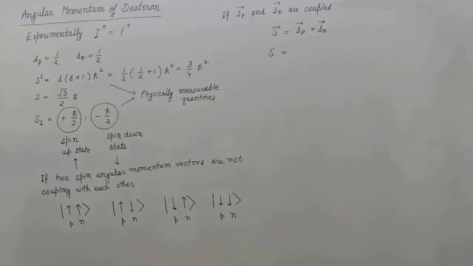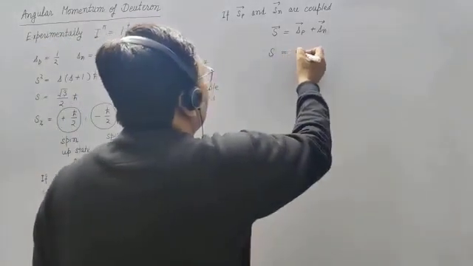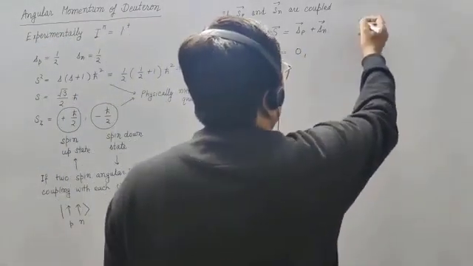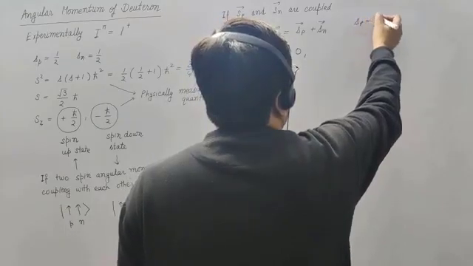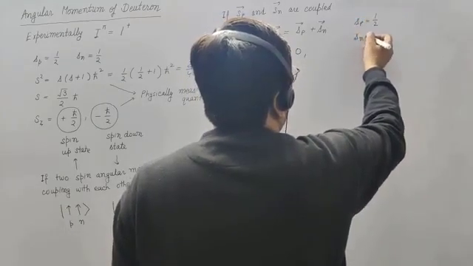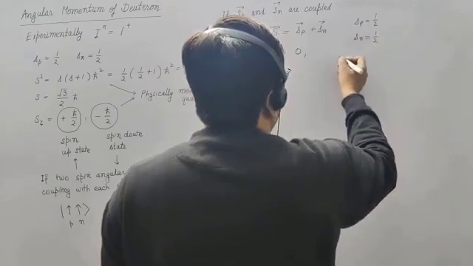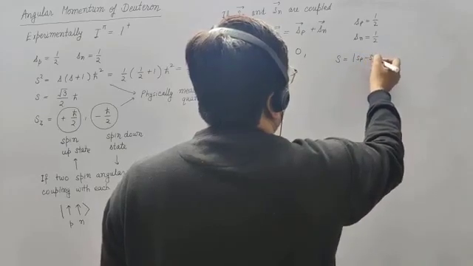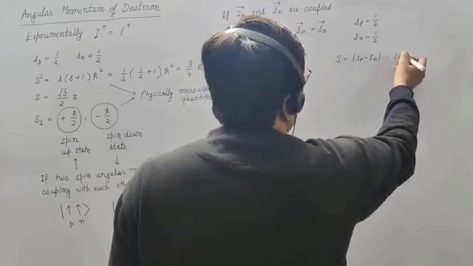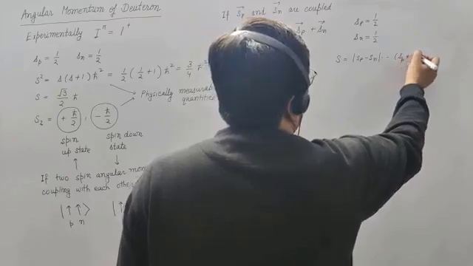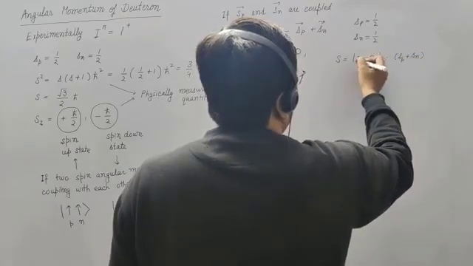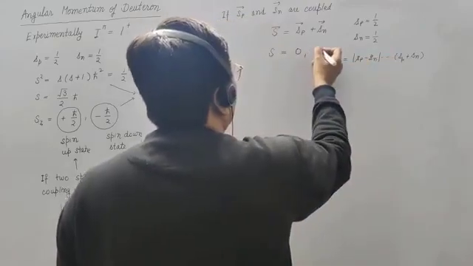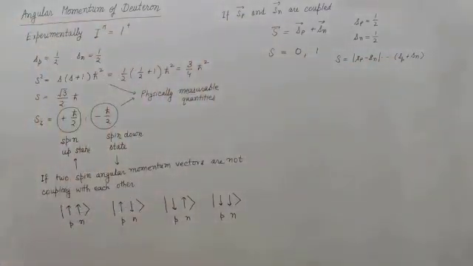One will be 0 and one will be 1, because SP is equal to half, SN is equal to half. So what will be the value of S? This will be from mod of SP minus SN to SP plus SN. This will be the formula, and from this there are only two states possible. One will be S equal to 0 and another will be S equal to 1.